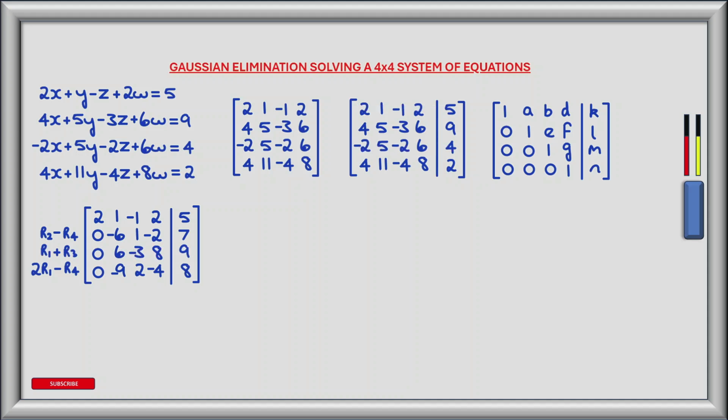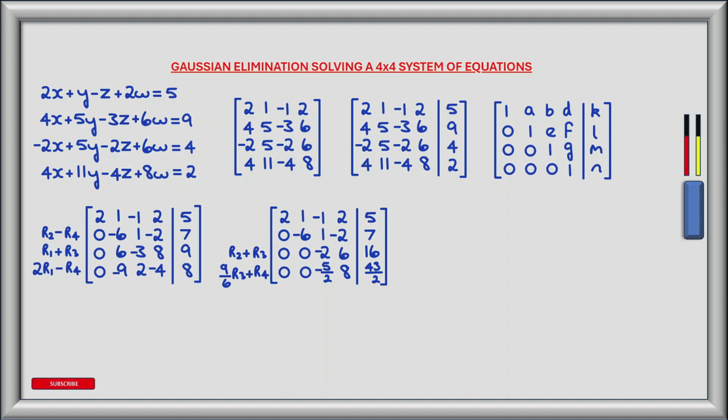And for the last element in this column, to get a 0 in this position, we can subtract row 4 from 2 multiplied by row 1. So this is row 4 and this is row 1. And this gives 0, -9, 2, -4 and 8.